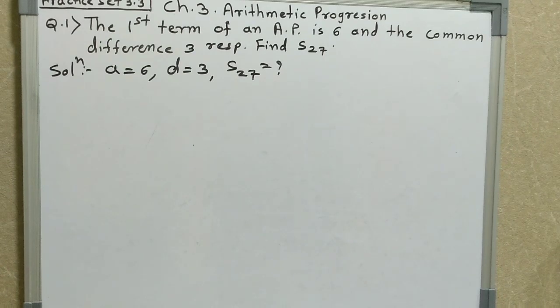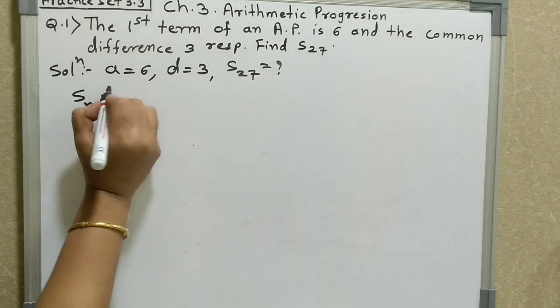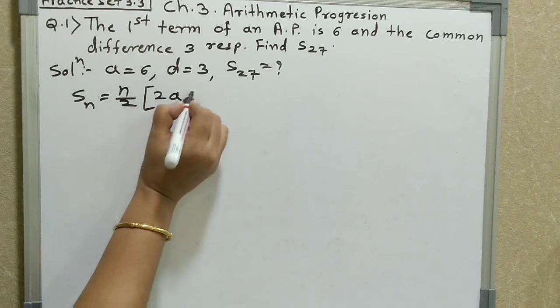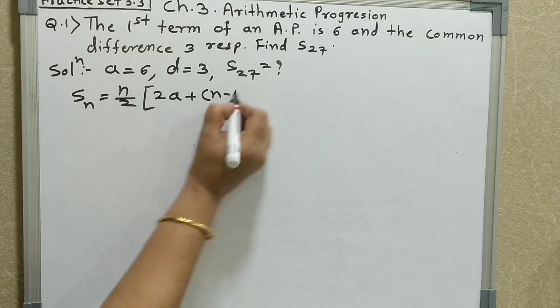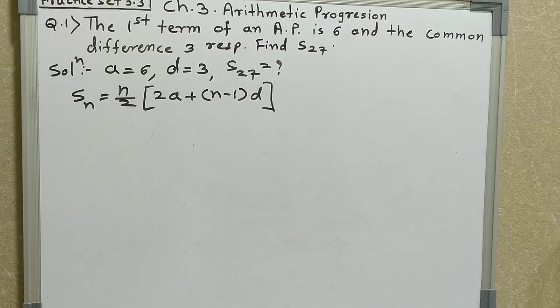To solve this example, we write the formula for the sum of n terms. So Sn is equal to n upon 2 in the bracket, 2a plus (n - 1) into d. Complete the bracket. Now we substitute the values in this formula.